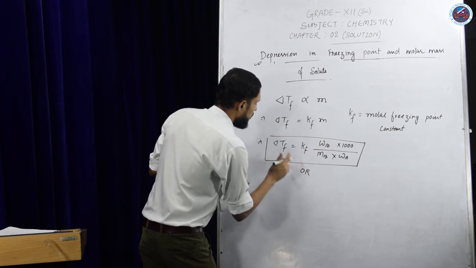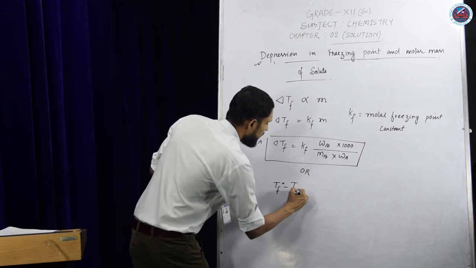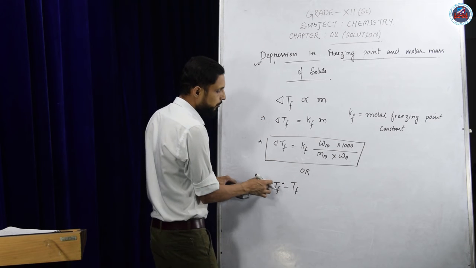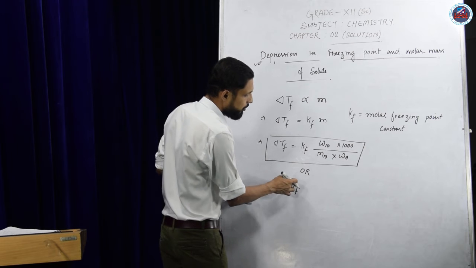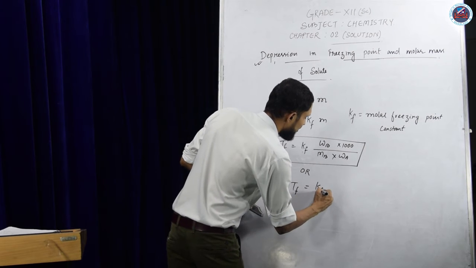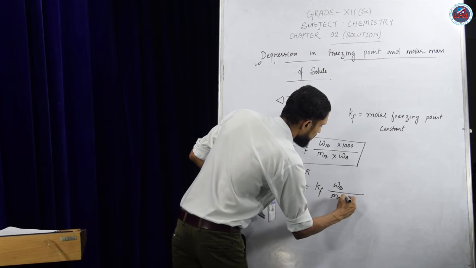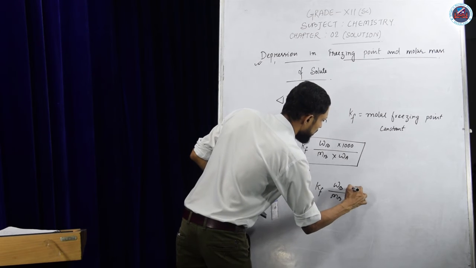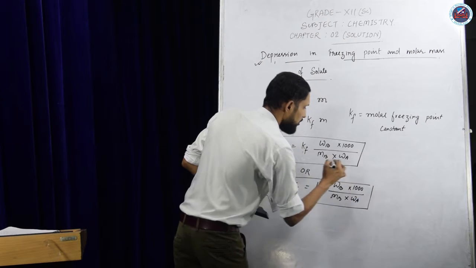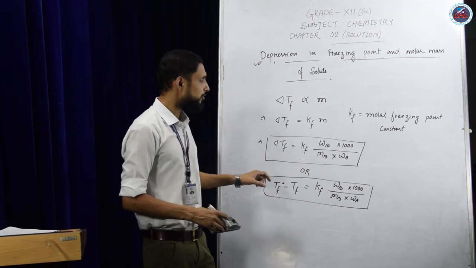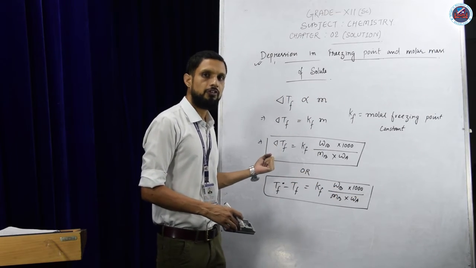Or, depression in freezing point, Tf naught minus Tf, is equal to Kf Wb by Mb multiplied by Wa, multiplied by 1000. So this will relate the molar mass of solute and depression in freezing point.